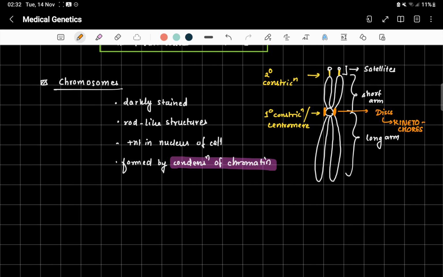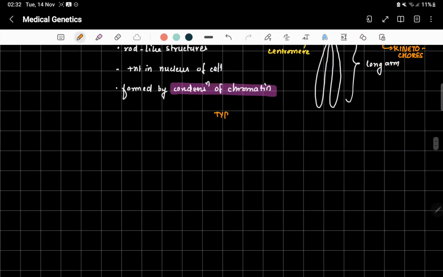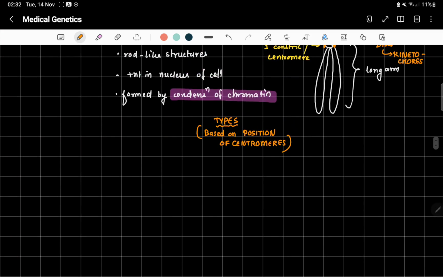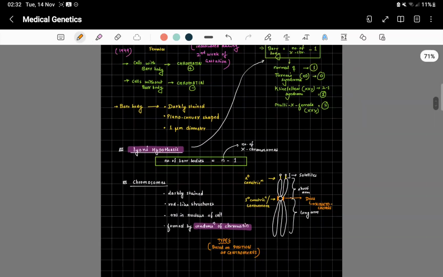Understood? So there are types of chromosomes, based on the position of the centromere. We can have basically 4 major types of chromosomes.